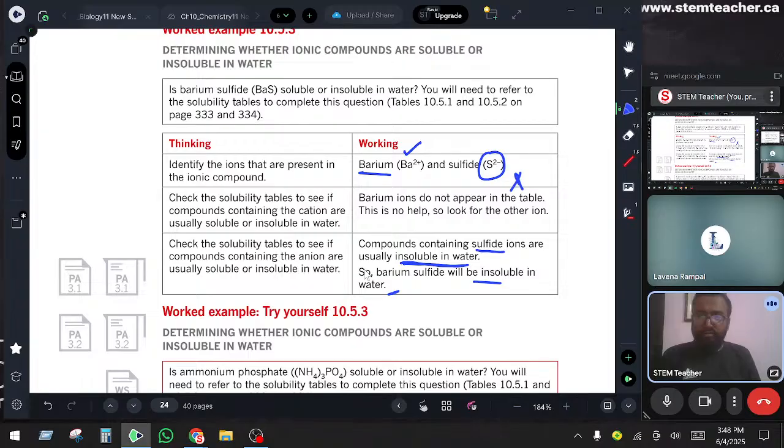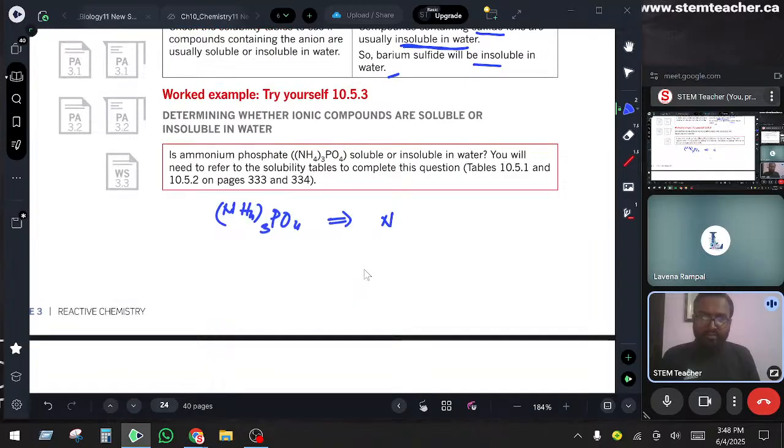And can you see the next one? Ammonium phosphate, (NH4)3PO4. So what ions will form here? NH4+ three times and PO4 3-.